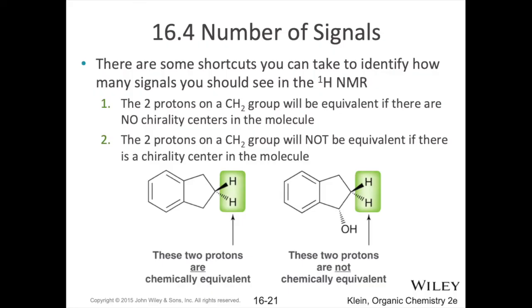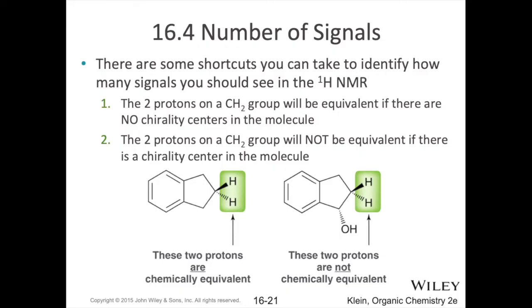Okay, so for example, if you have a CH2 group, a carbon with two hydrogens coming off of it, those two protons will be equivalent as long as there are no chiral centers in the molecule. If there's a chiral center somewhere in the molecule, you know that they can't be equivalent.